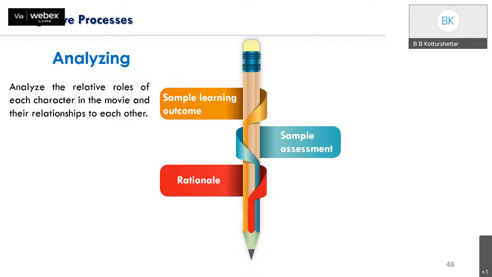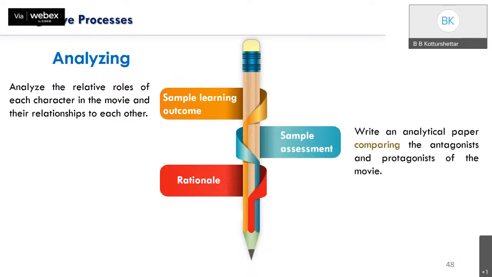So analyzing: the possible assessment here is to write an analytical paper comparing the antagonists and protagonists of the movie. So here you need to analyze the for and against.